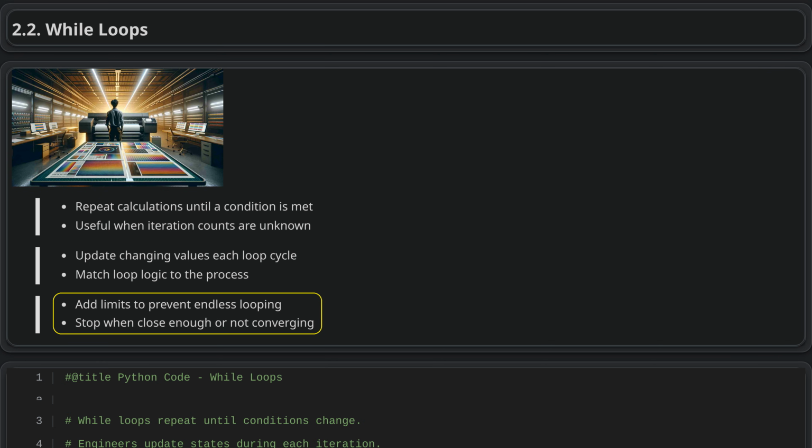When using while loops in engineering calculations, safeguards are essential to prevent unreliable or endless runs. A calculation may fail to converge or may oscillate, so engineers set iteration limits and stopping tolerances. These practices help scripts behave predictably and stay consistent with realistic process and operating limits.